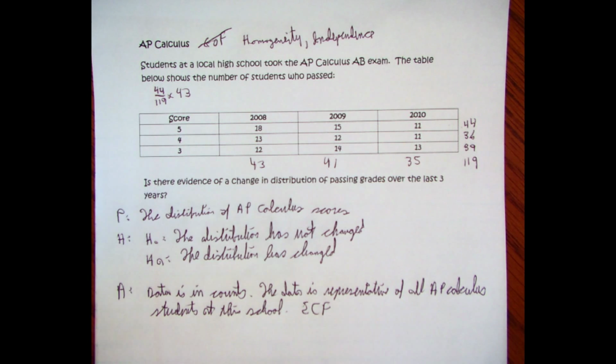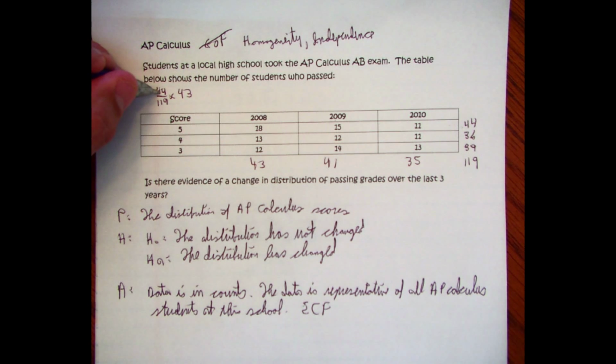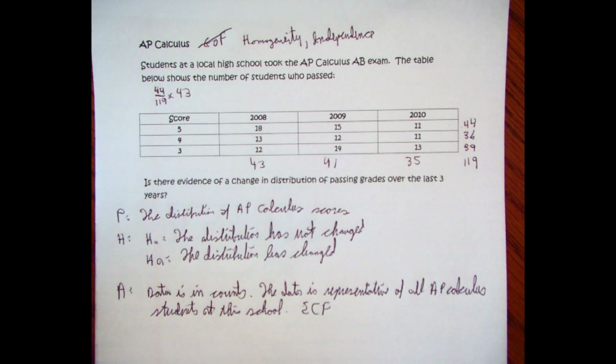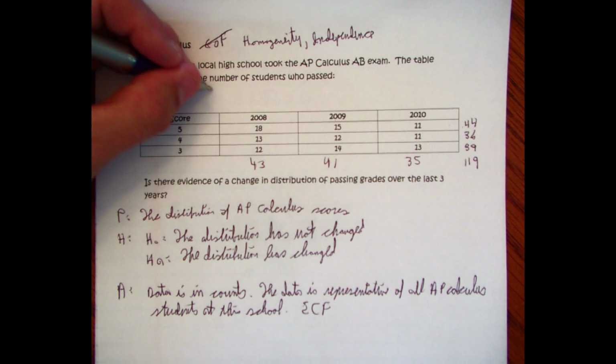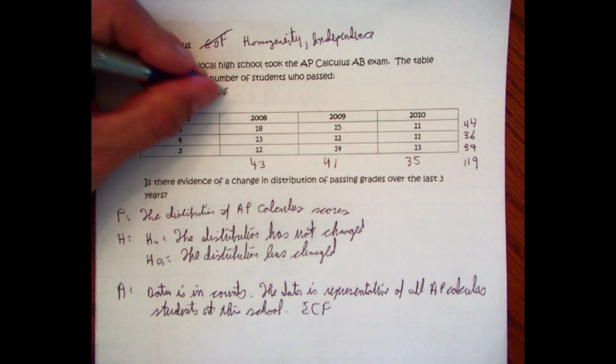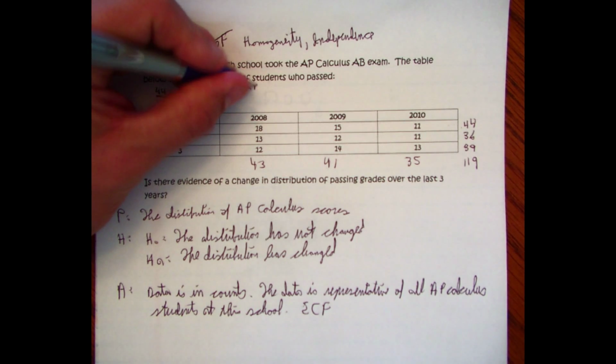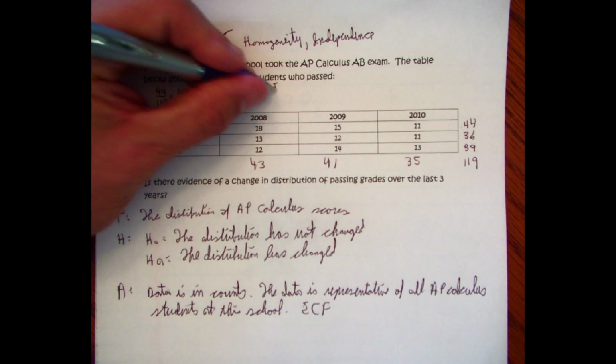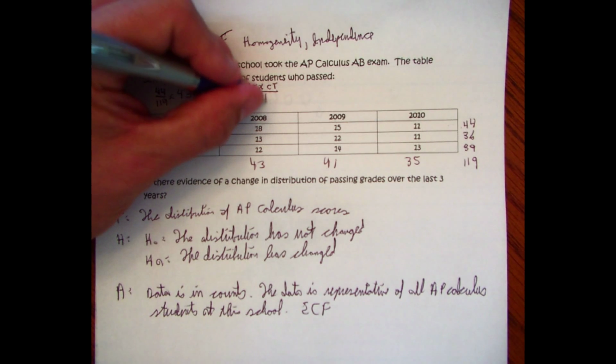Well, if you notice, here's the shortcut to doing this. Really the 44 represents the row total, this represents the column total, and this represents the total. So to get an ECF, instead of trying to remember the mathematics behind it, a nice easy way of doing it is just do the row total times the column total divided by the total.